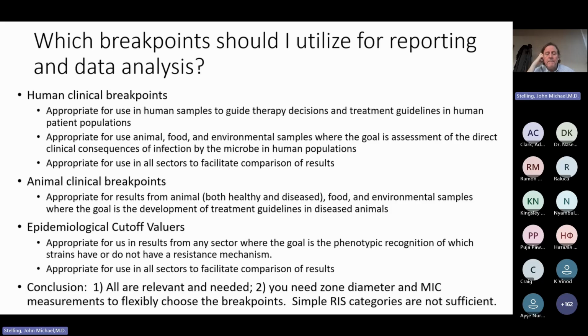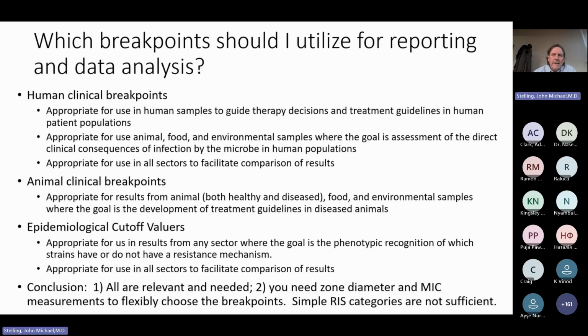However, to use these, you do need to know the zone diameter or MIC measurements. How many millimeters? The ECOF for zone diameter, the clinical breakpoint might be 20 millimeters for susceptible, and the microbiological breakpoint might be 25 millimeters.